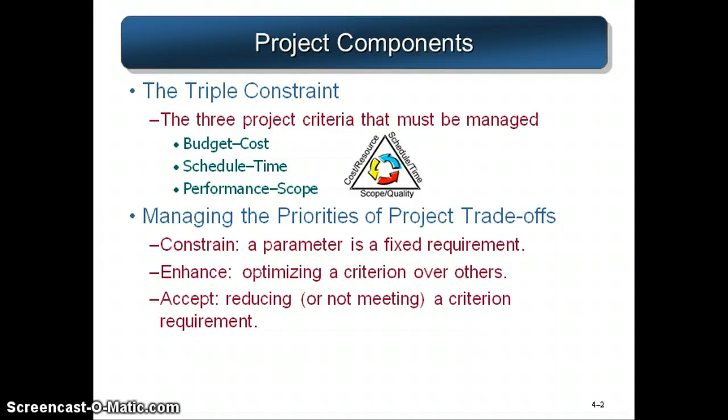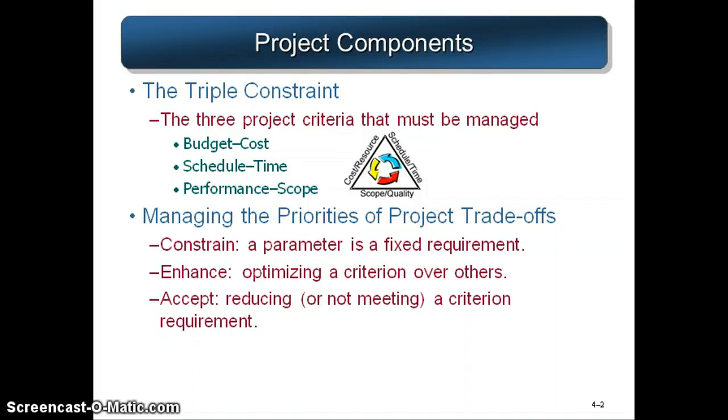The other one is enhance. This would mean that you enhance one of the project criteria. So during the project, the project manager may find a method to save some cost or reduce the schedule, saving the customer some money or delivering the project ahead of schedule. This would be an example of an enhancement to one of those or several of those components.